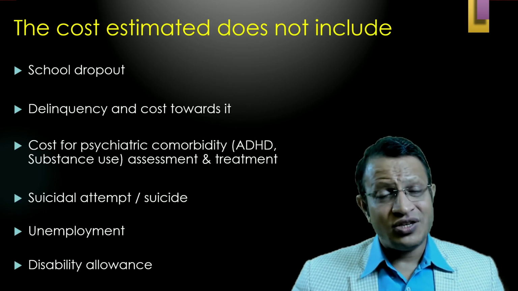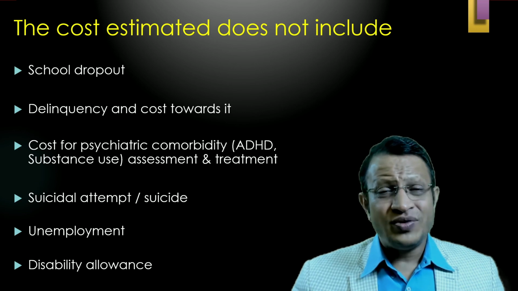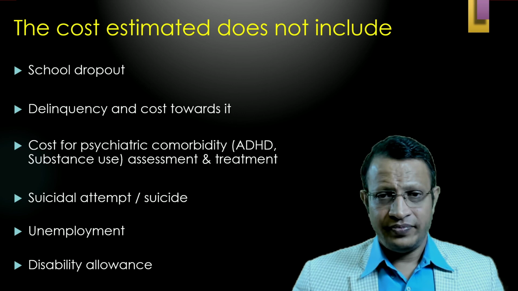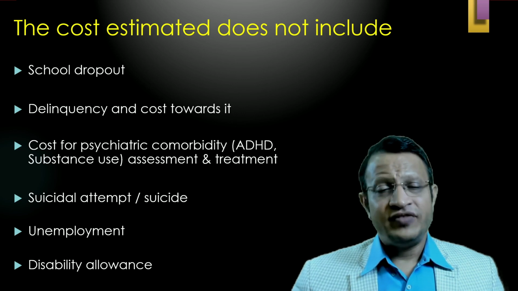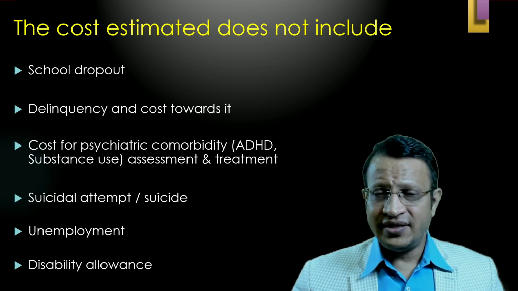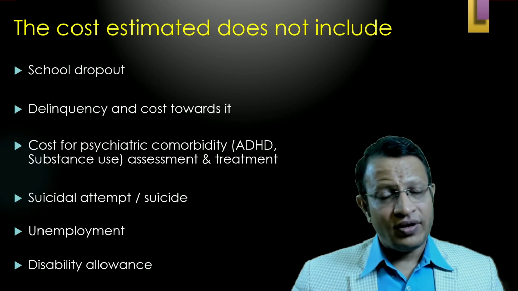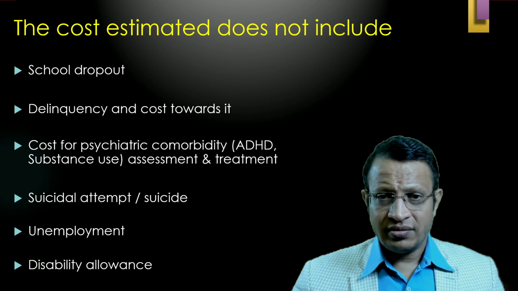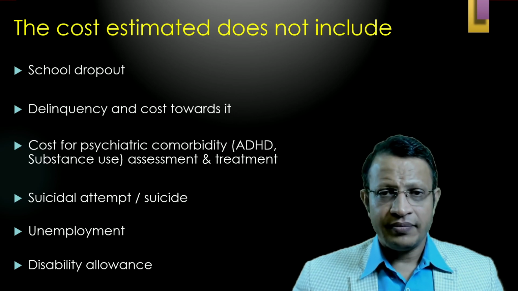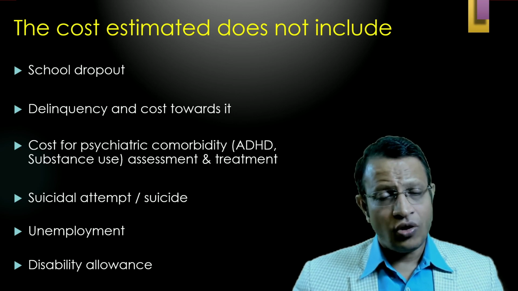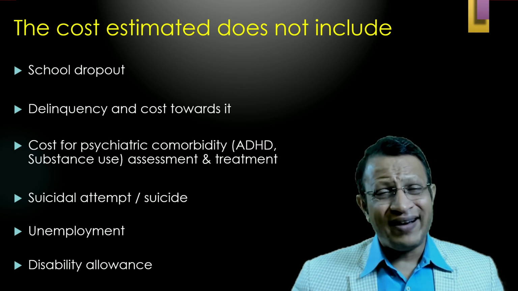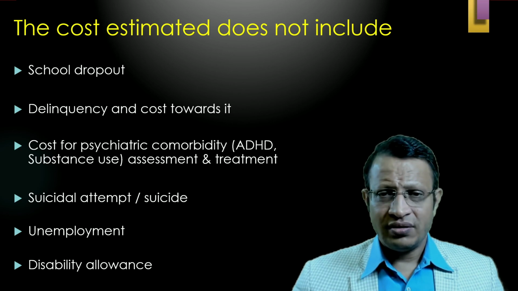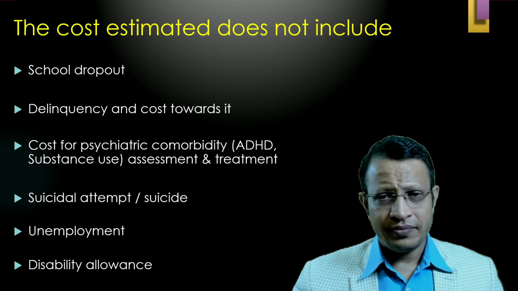What are the costs which have not been estimated? The cost which has not been accounted for is if the child's SLD is not addressed: school dropout, delinquency, conflict with law, breaking the law, the cost of securing the child back to the community, rehabilitation of the child in conflict with law, and the cost of psychiatric illness, such as treating ADHD, substance use, depression, and anxiety disorder.